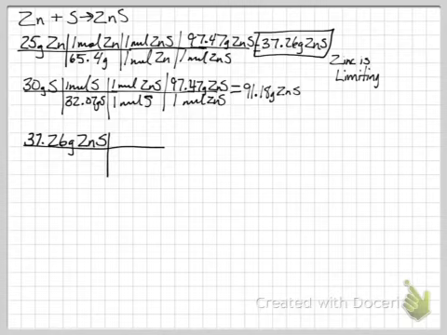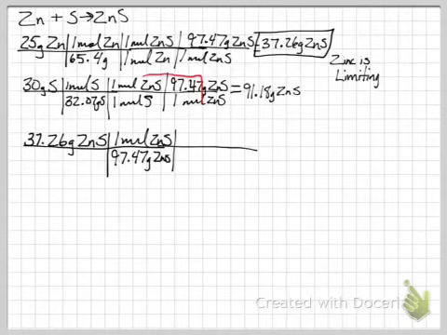Now, since this is a limiting and excess problem, I'm using information that I've actually already calculated. What I can do is copy the information that I already used in the previous examples and just rewrite them. So 1 mole zinc sulfide, now I'm going to be dividing by the molar mass, and my mole ratio is still going to be the same. It's still going to be a 1-to-1 ratio.